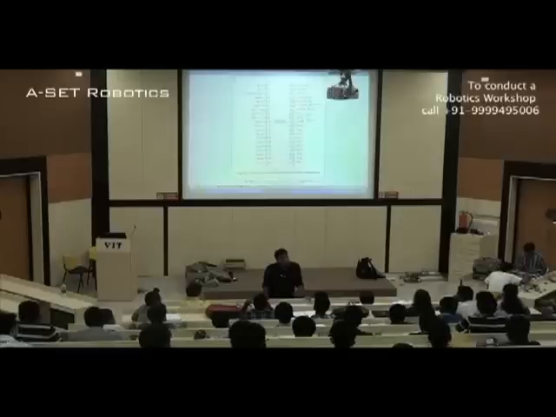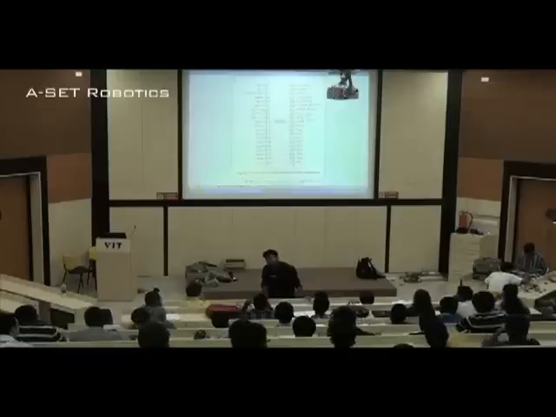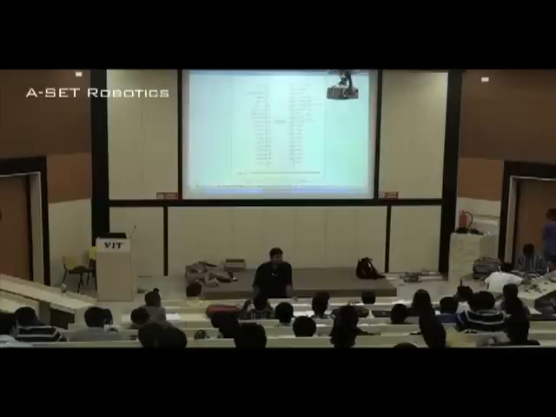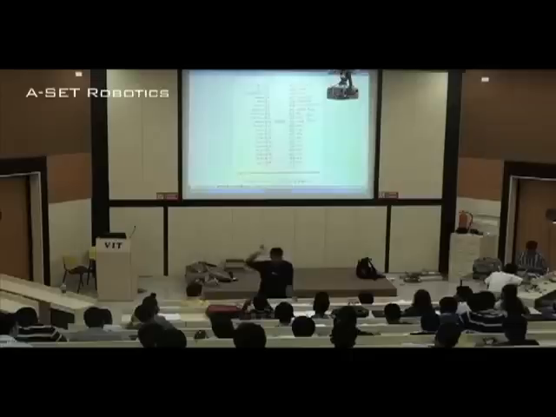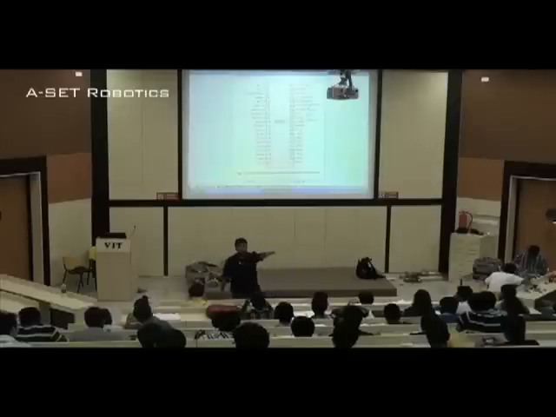If it is not there in the registers, it will go to the SRAM, that is the cache memory. If it's not there again, it will go to the DRAM. If it's still not there in the DRAM, it will say, hey, search it in the storage, I don't have time.